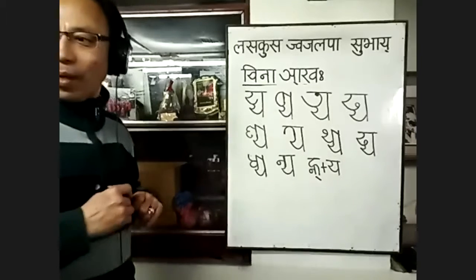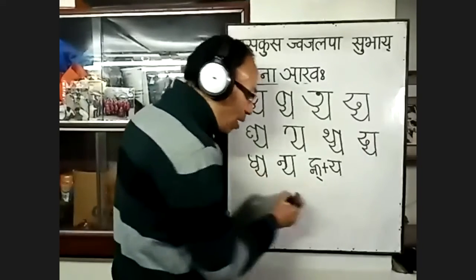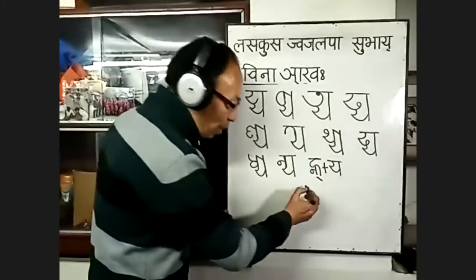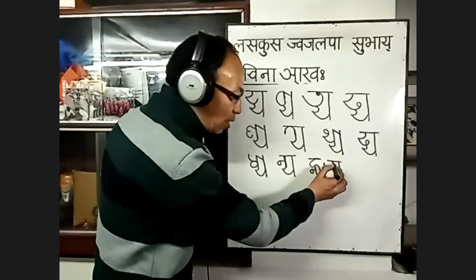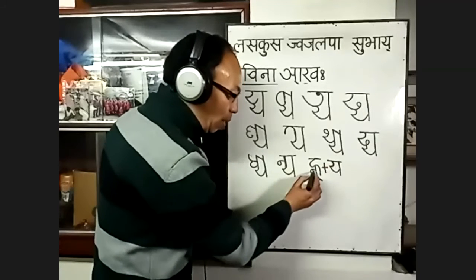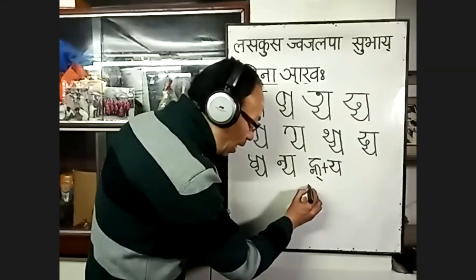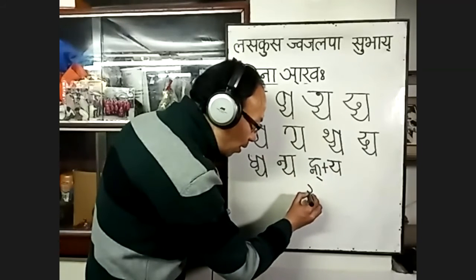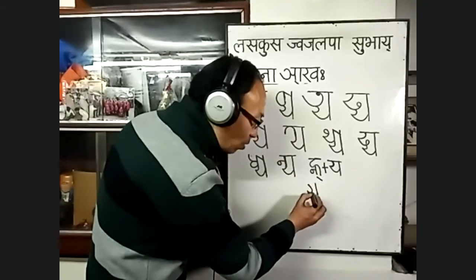So what I mean to Kumar Bhazu is, whenever we add your this thing to any letter, though it is somehow slightly curved, when we write your, it is somehow slightly curved.